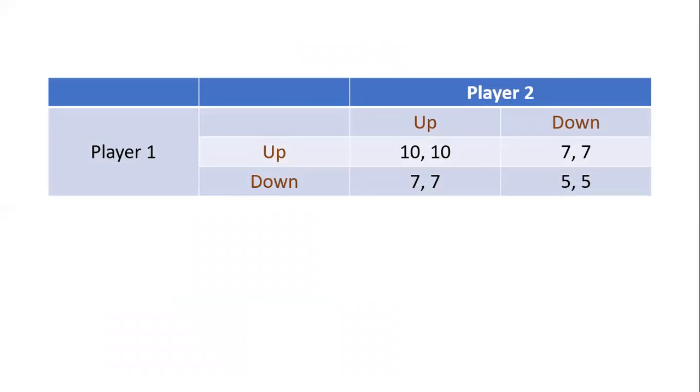Let's assume we have two players. This form of game is called intensive form or matrix form. We write down the players, the strategies, and possible outcomes or payoffs.